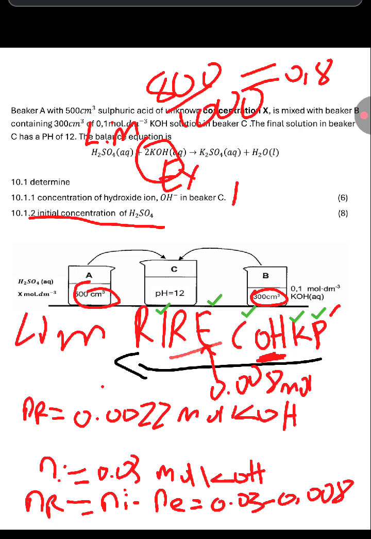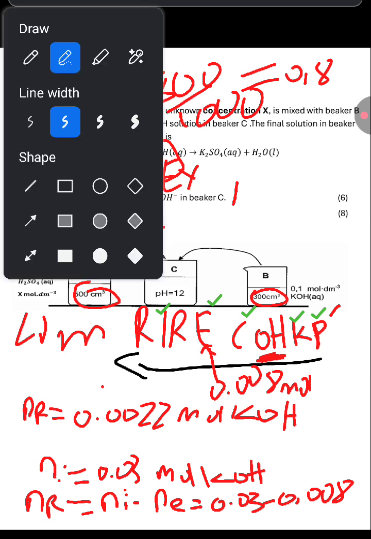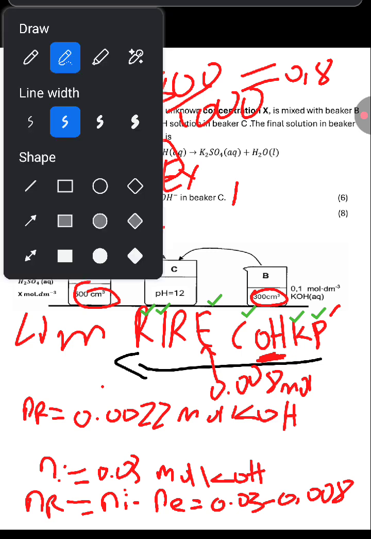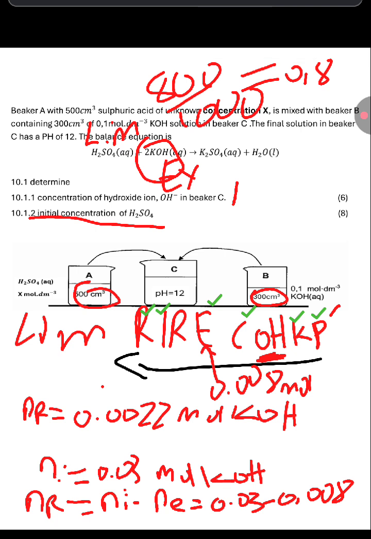Okay, so let's see. We got all the 3 number of moles. The reacted. Now remember we said we are working backwards like this.